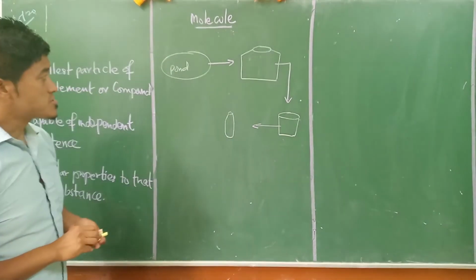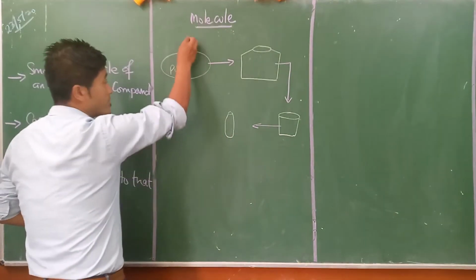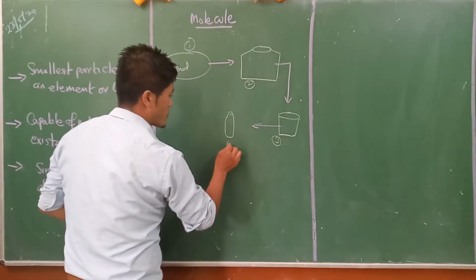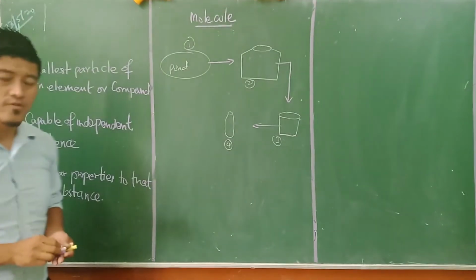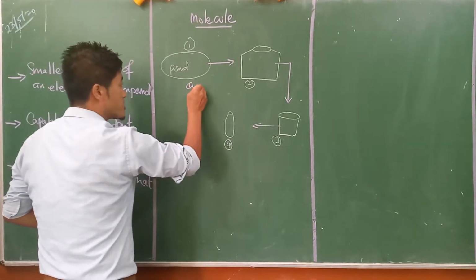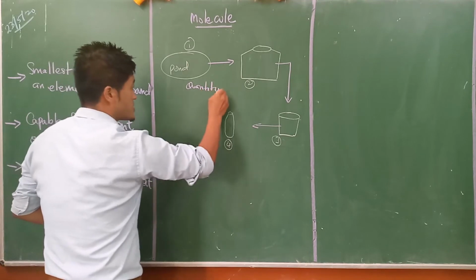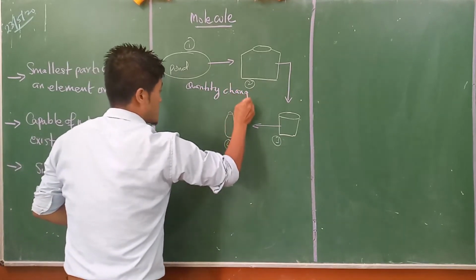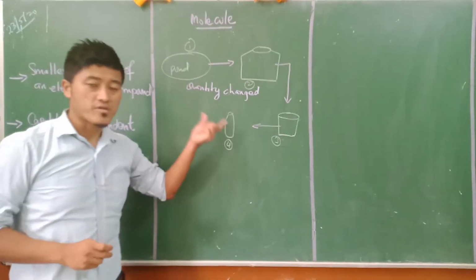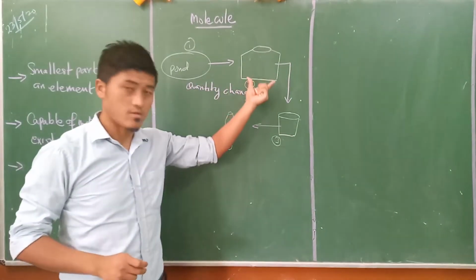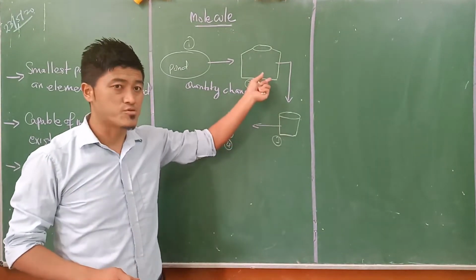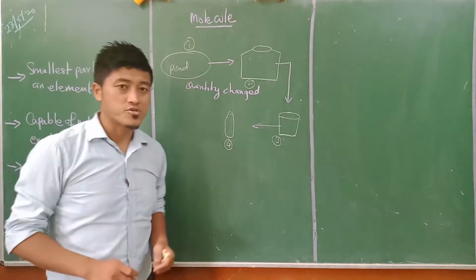So now in this situation, number 1, 2, 3 and 4, what you observed was that the quantity changed. Because over here in the pond there is a huge quantity, and in the tank also a huge quantity. The bucket is much smaller as compared to the tank and pond, and the bottle of water is very different there.